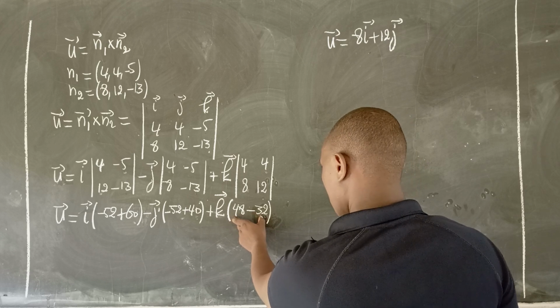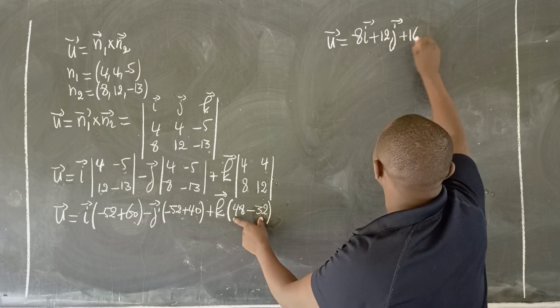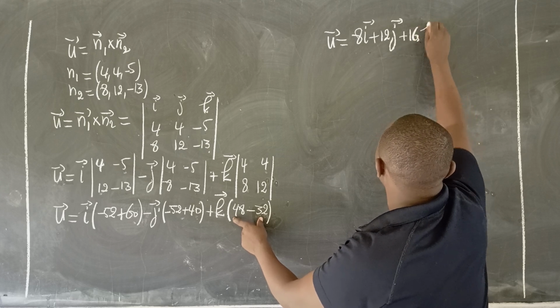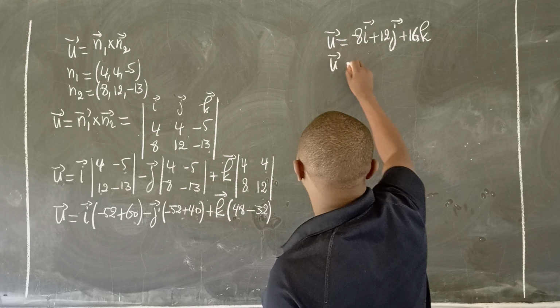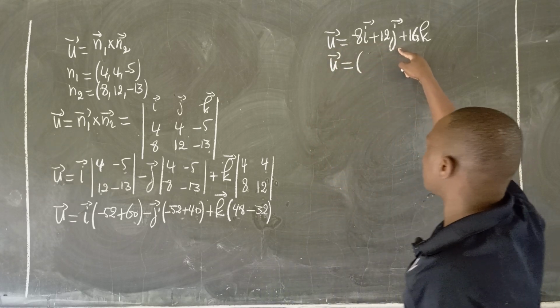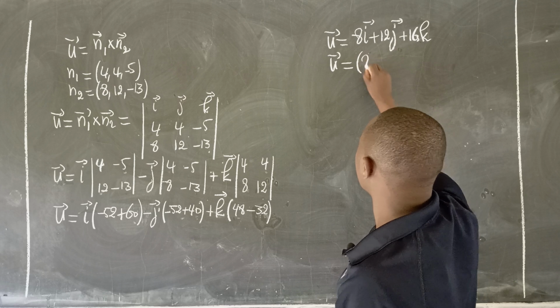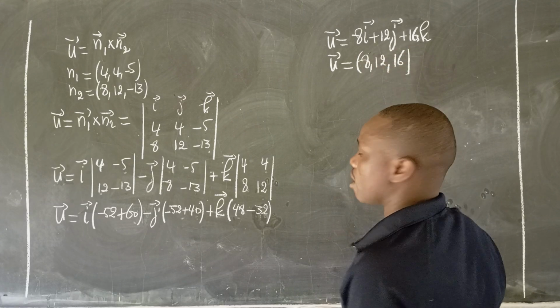It's 16. As you see, here is positive 16k. U can simply be written as a vector, and it can also be written as 8, 12, and 16.